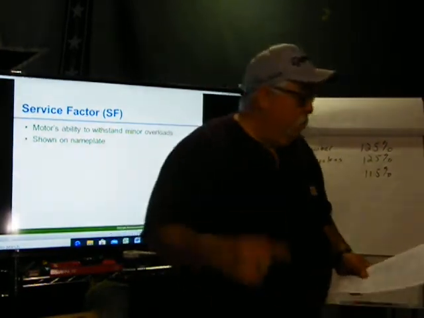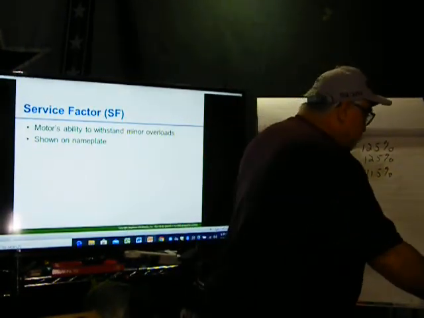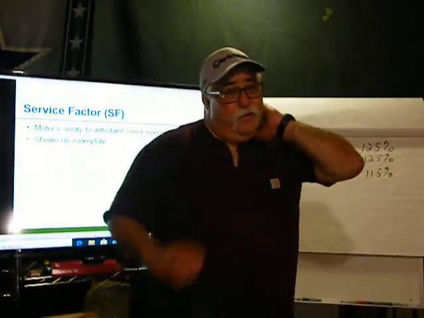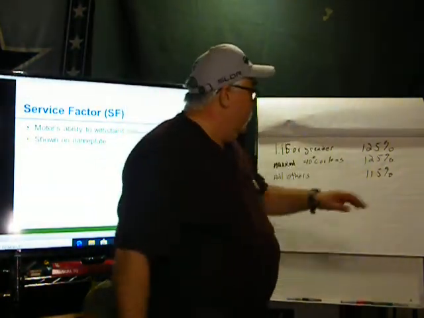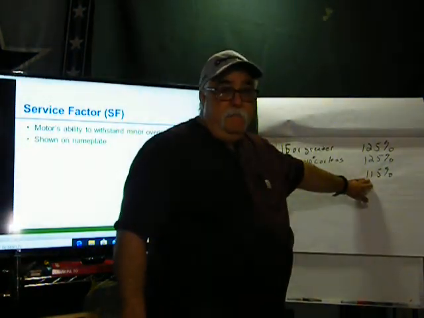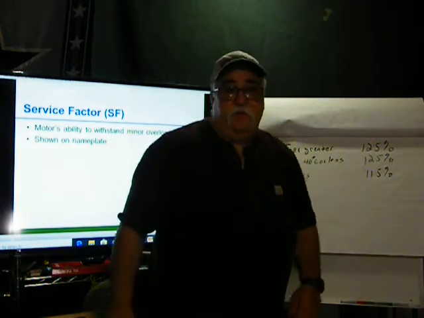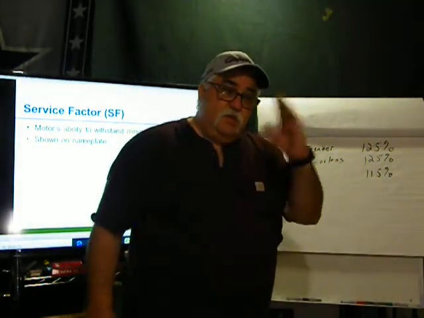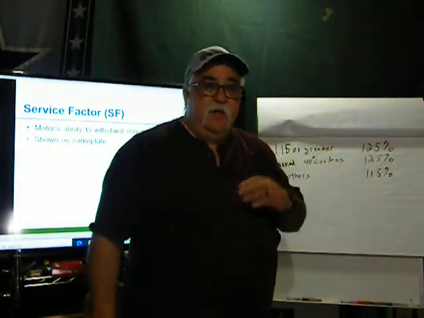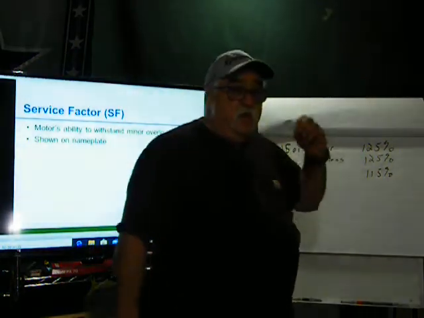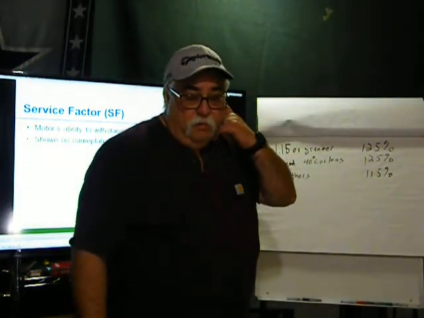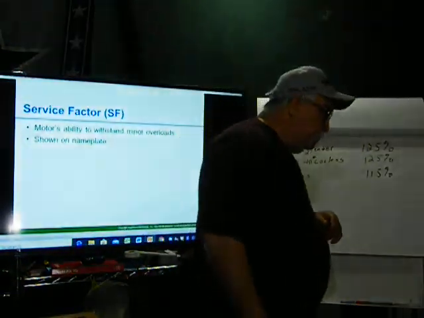Well, if it has a service factor of 1, we don't want it to get up too high. So that's why it's at 115%. If it starts to get hotter than 100%, this overload picks up the heat and then trips out.